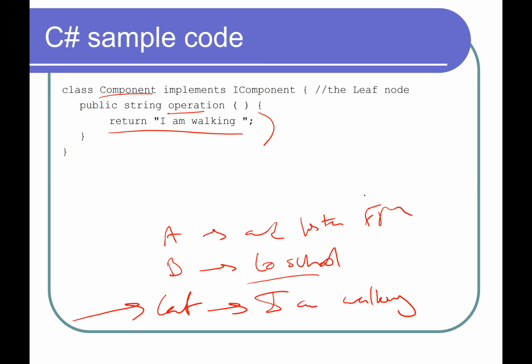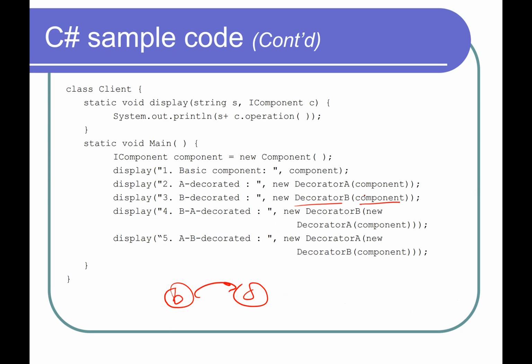No, there's no decorated A in this one. So it's a different list. This one was a linked list of C. This one was a linked list of A pointing to C. This one is a linked list of B pointing to C. Different linked list. So it's going to say I am walking.